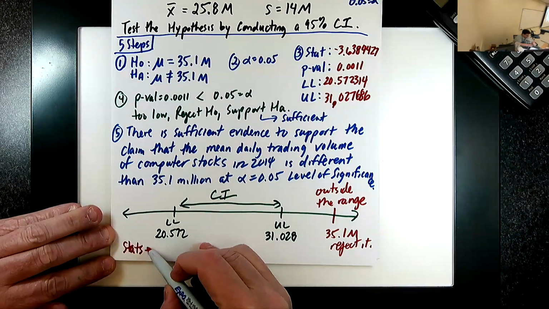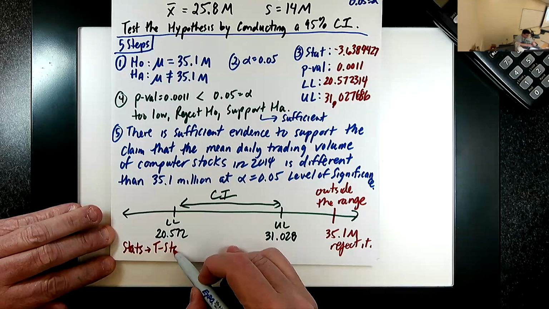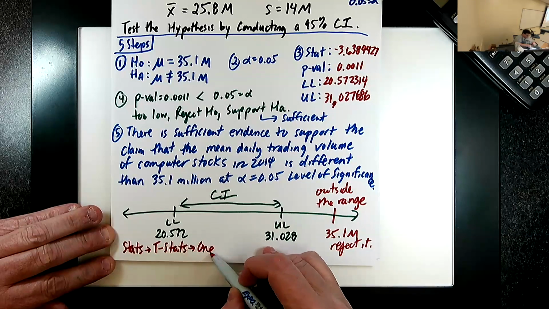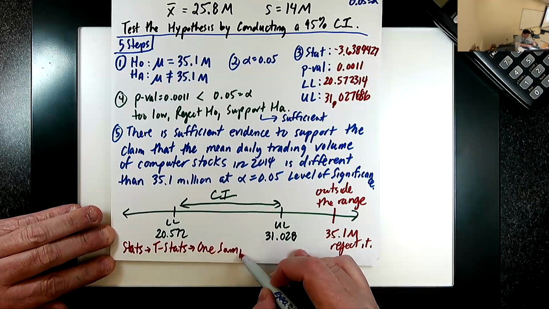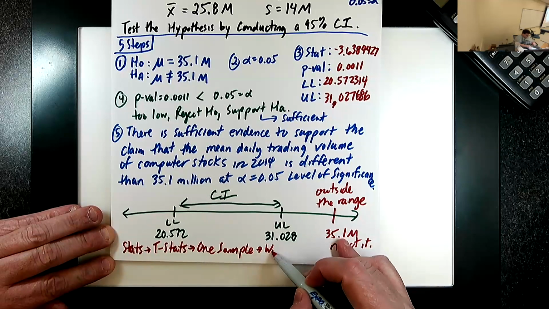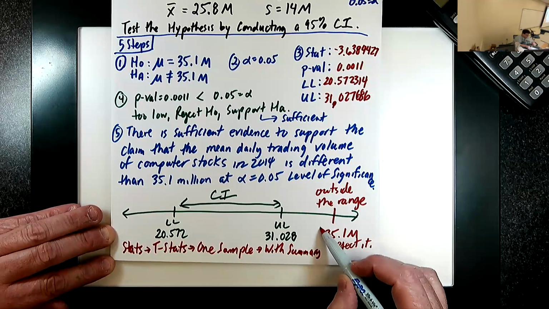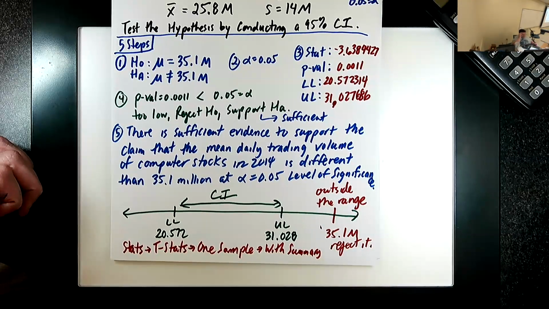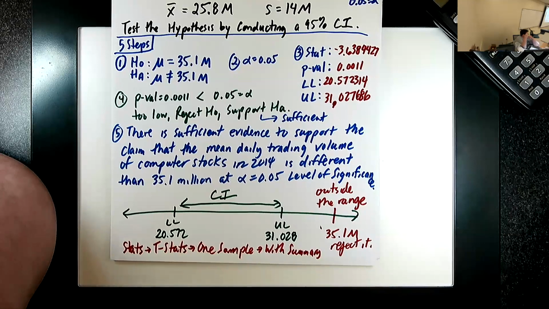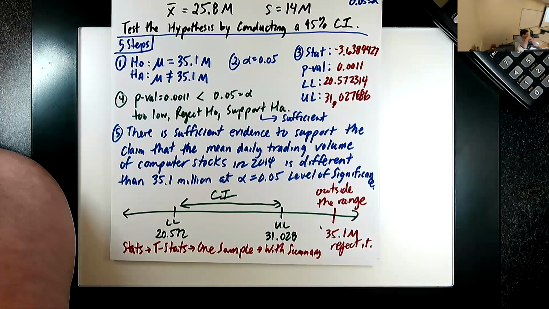Stats, T-stats, one sample with summary. If they give you a data table, you got to do the one with data. But a lot of times they don't do the data table.